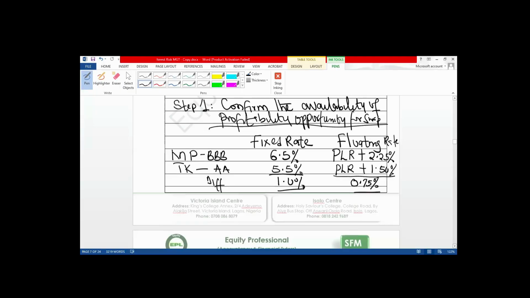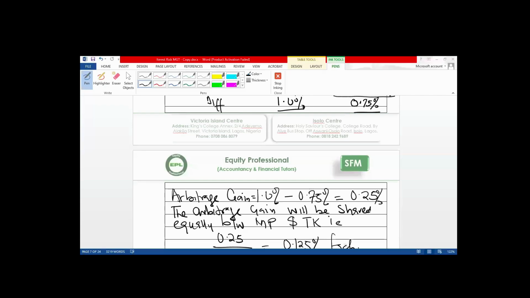The difference is called arbitrage gain. And I was trying to emphasize this.